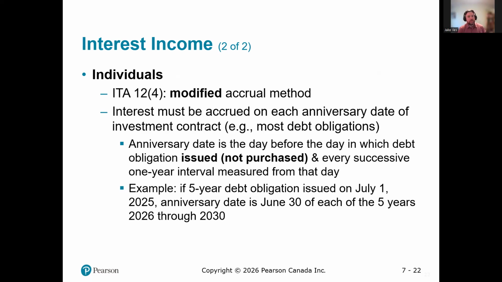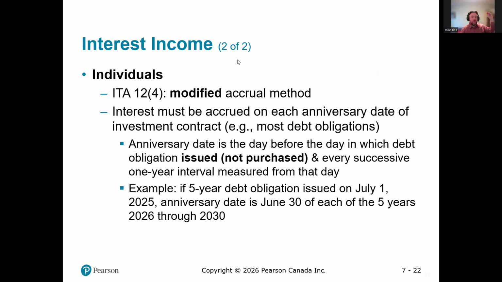So if we have a loan that's going to be repaid in 3 years, we recognize 1 year of interest on the anniversary date, and we will report that and pay taxes on it. The next year, we report another year of interest on our anniversary date, and then we pay taxes on it. So when that final payment comes and we get our loan and all that interest paid back to us, we only need to report and pay taxes on that last year of interest, since we've already declared the other income. So this is the modified accrual method.